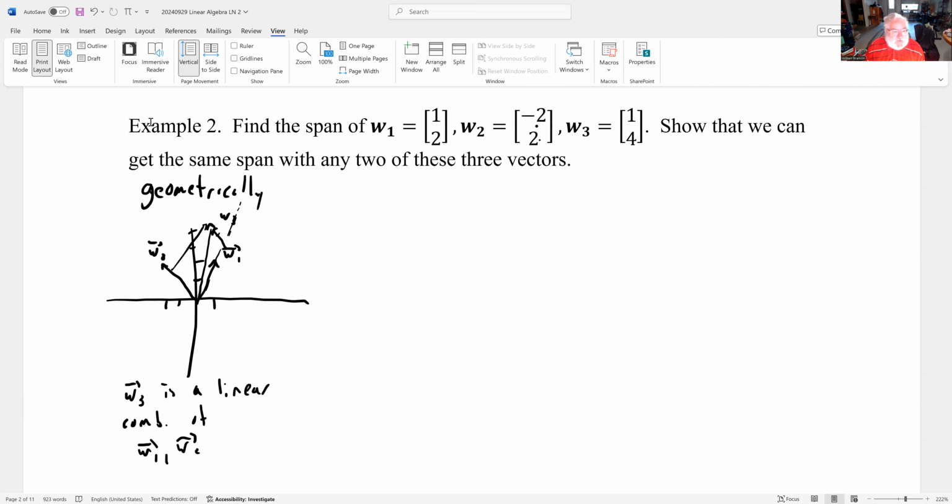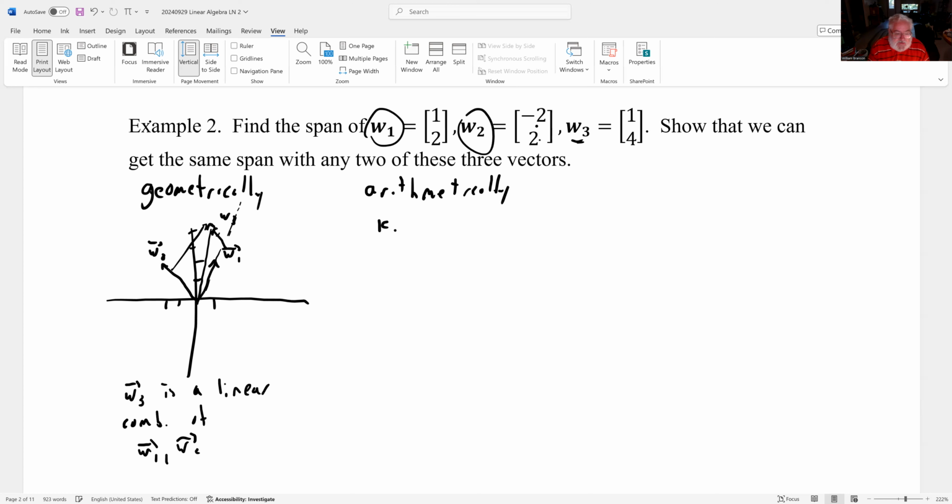So we could just use W1 and W2 to get the span of all three, because W3 is a linear combination of that. So W3 is in the span of W1 and W2. So you don't really need W3 in this vector. So arithmetically, what does it mean to be in the span?